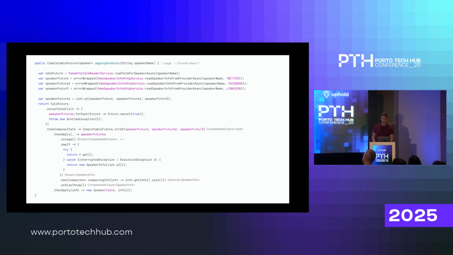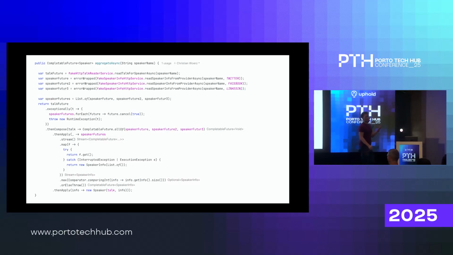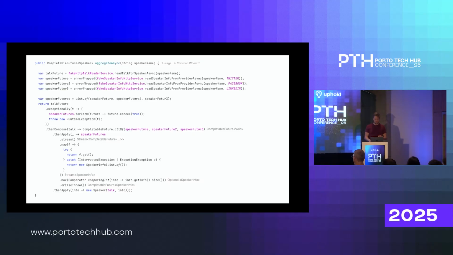And this is not even everything which you would need to change. Here we have this error wrapped, and this error wrapped here is not even in the slide. And also it's so much boilerplate code, because you can see that the only thing which is really important are these two lines here, where we are just getting the result of our information. Everything else is just error handling and aggregating.